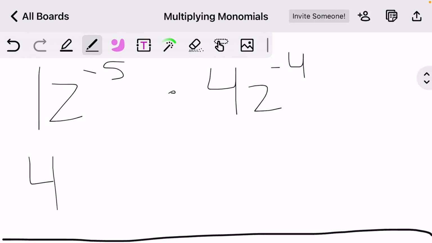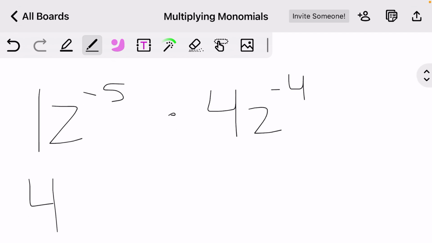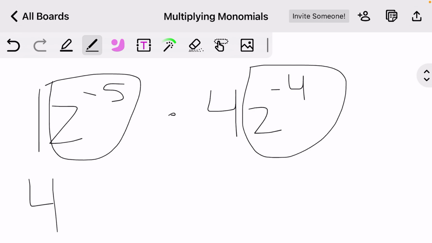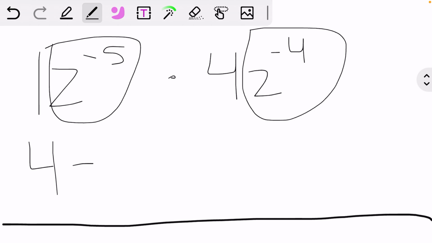And the next thing that we have to do is combine these two variables. So we got z to the negative fifth times z to the negative fourth. When you multiply monomials, you keep the variable the exact same, and you combine the two exponents of the variable.